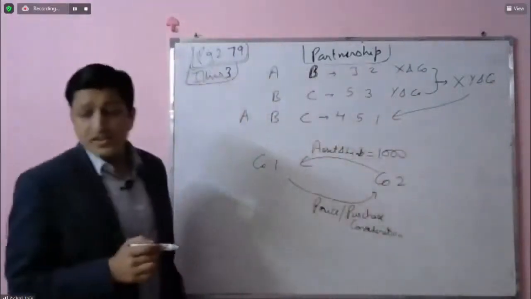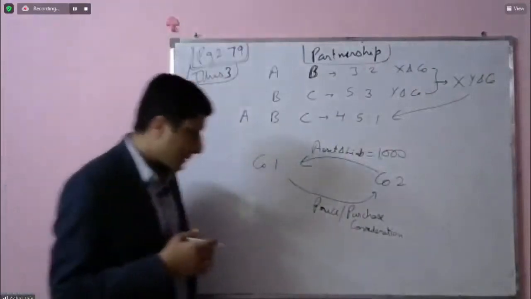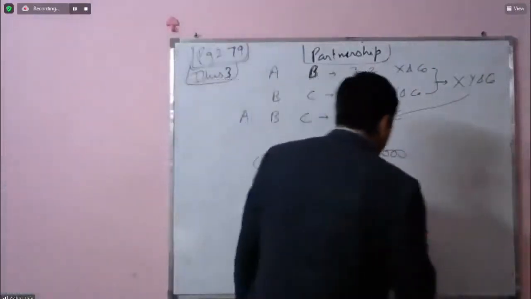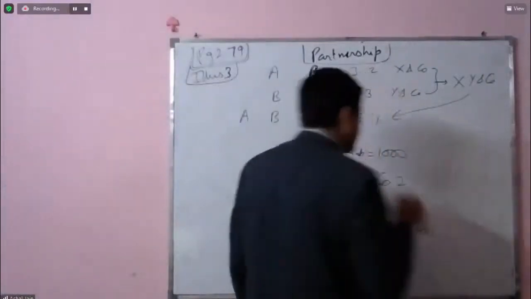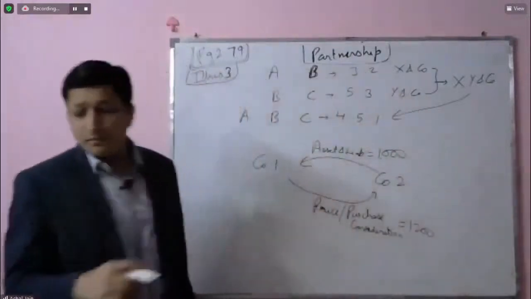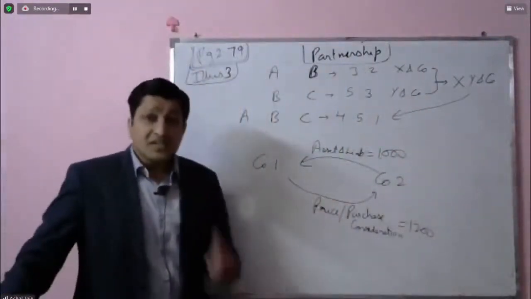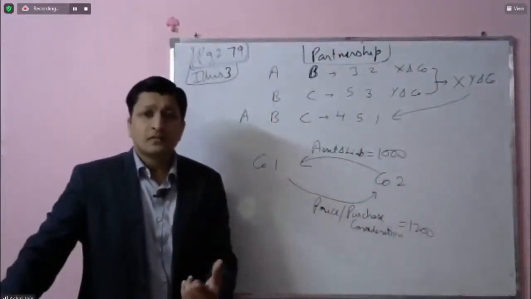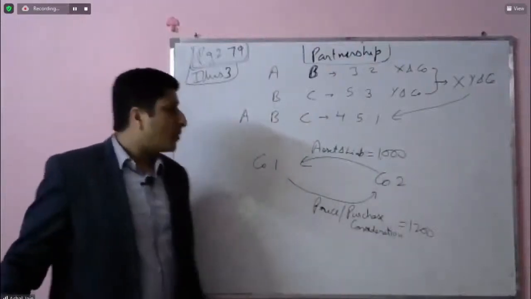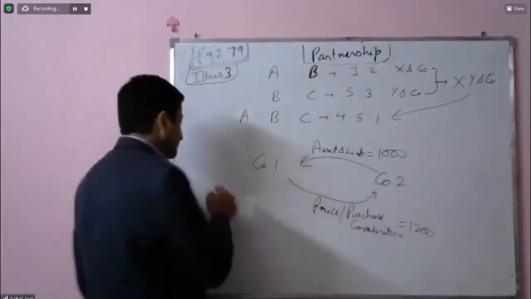And the purchase consideration which has been paid against this happens to be, say, 1,200. So an excess amount has been paid. Now this excess amount is what? This excess amount represents goodwill.